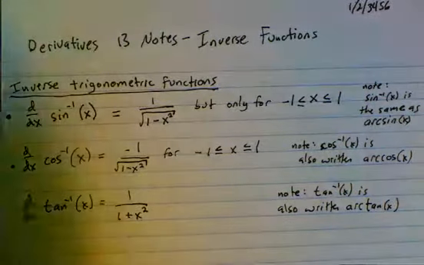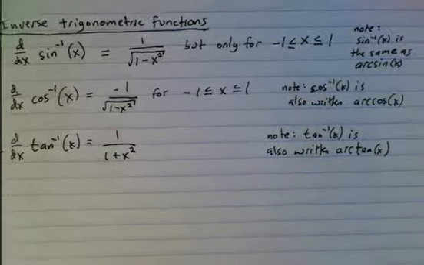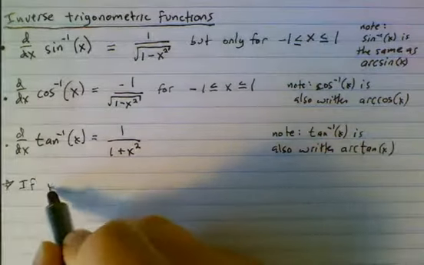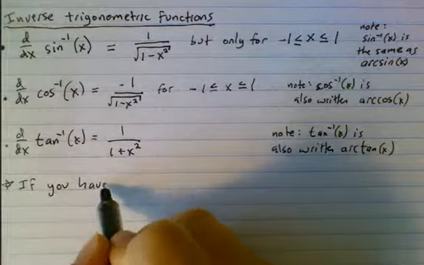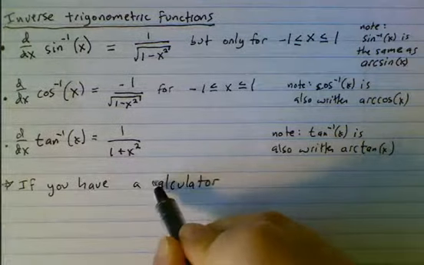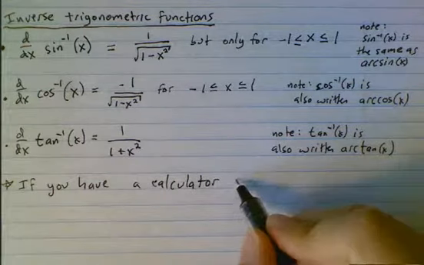Now, these are good to memorize, but if you have a calculator, don't bother with them. Always, always, always, if you have a calculator, just pop it in the calculator.